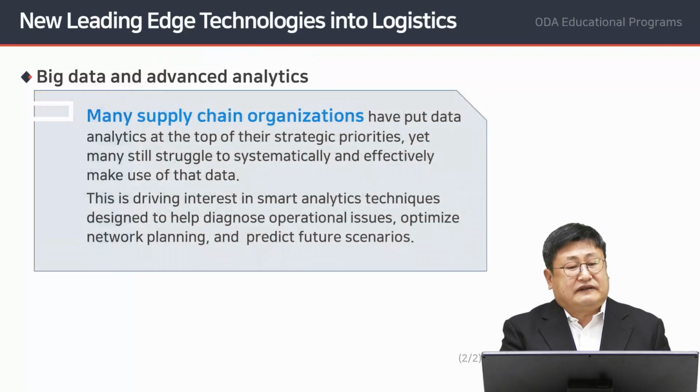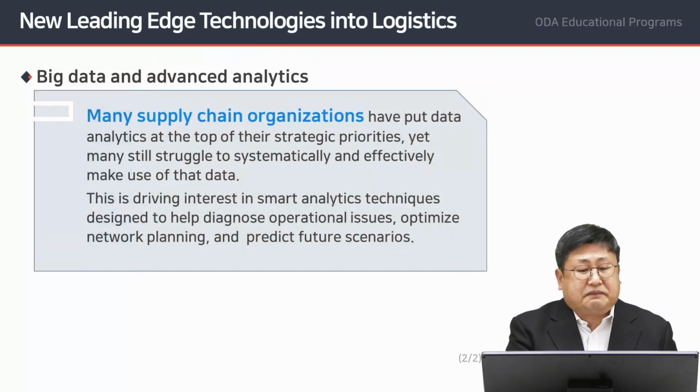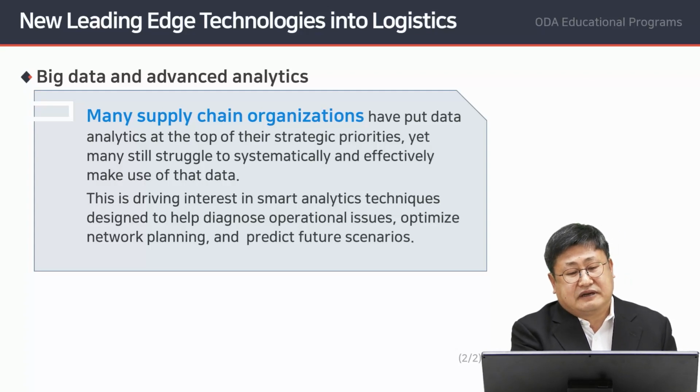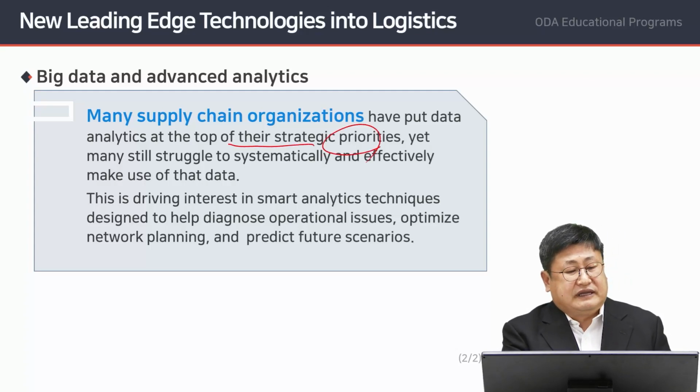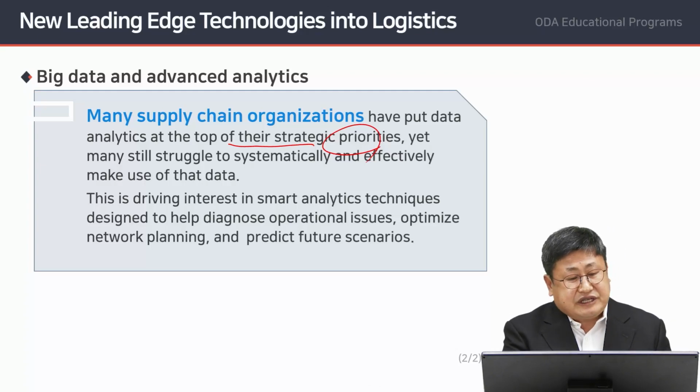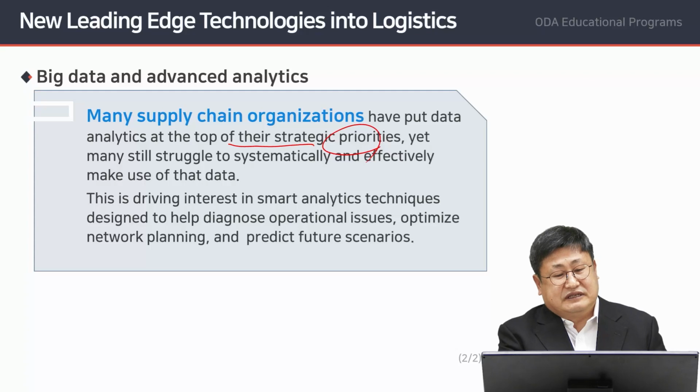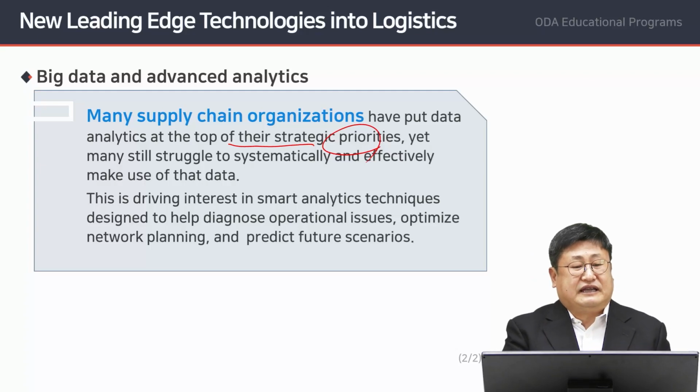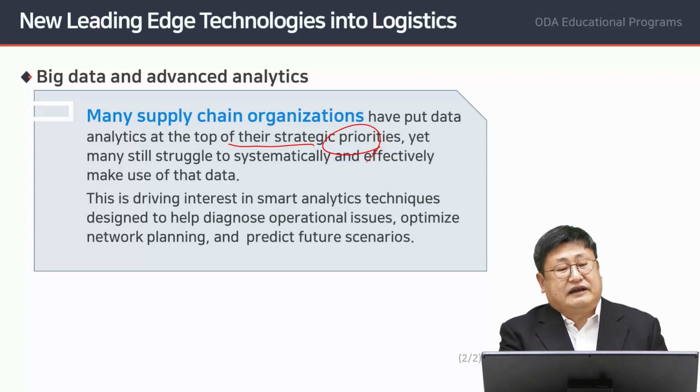Many supply chain organizations have put data analytics at the top of their strategic priorities. Many still struggle to systematically and effectively make use of that data. I believe this is driving interest in smart analytics techniques designed to help diagnose operational issues, optimize network planning, and predict future scenarios. This is big data and advanced analytics.